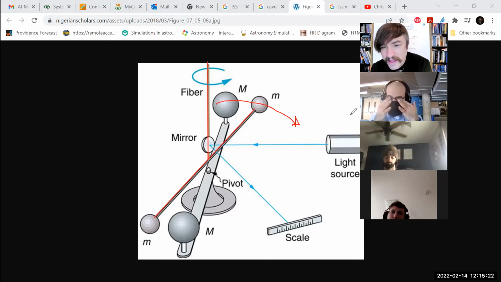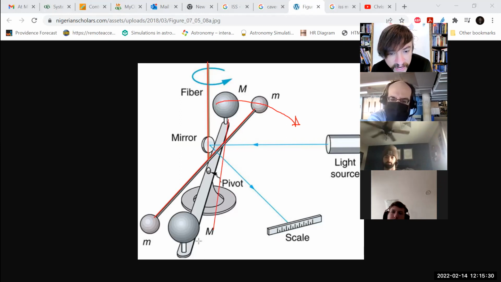So they were sort of weightless in the horizontal direction. Now, the second thing he did is he took another rotating arm and he attached 2 larger spheres to it, and he made them able to pivot. And he put a small mirror attached to the fiber.